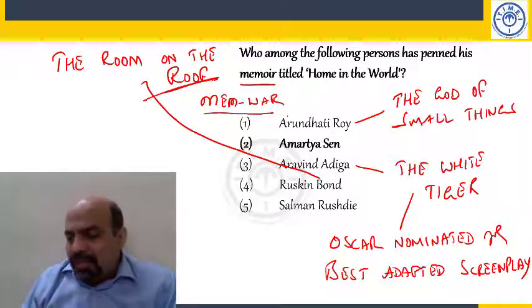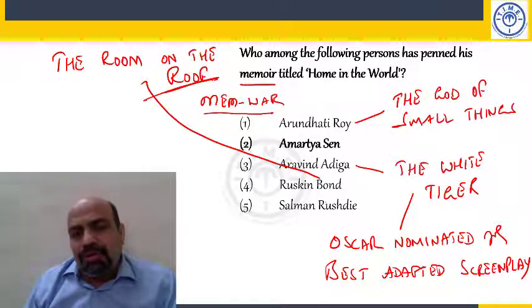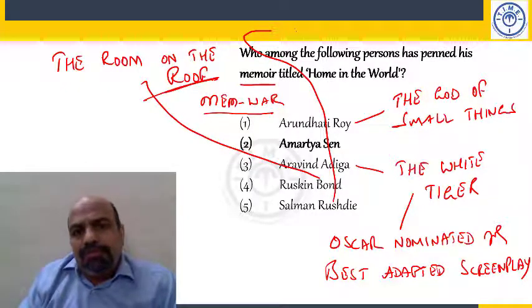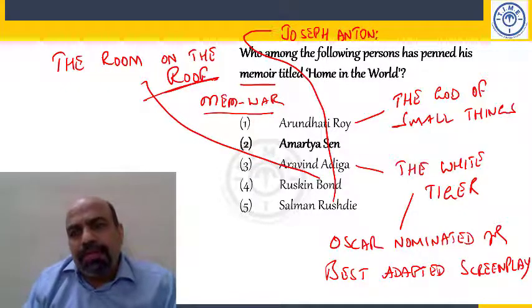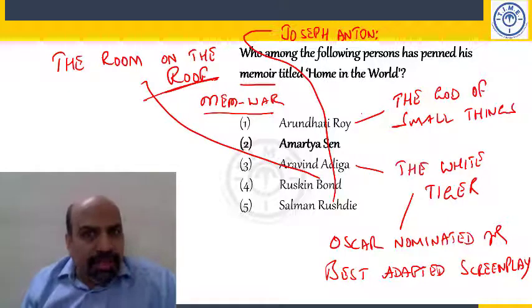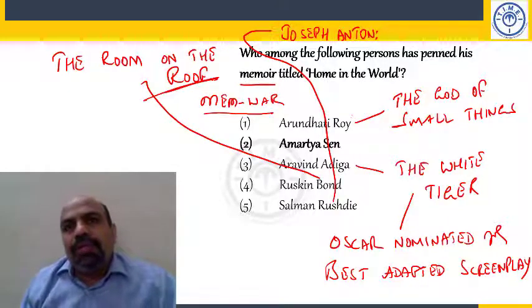Salman Rushdie. Salman Rushdie is a pretty controversial chap, and he is the author of lots of books. I have almost all of his books. You could write his memoir, Joseph Anton. That's the name he took when he was in hiding from the Iranian government, because the Iranian government had issued a fatwa against him on the 14th of February 1989.